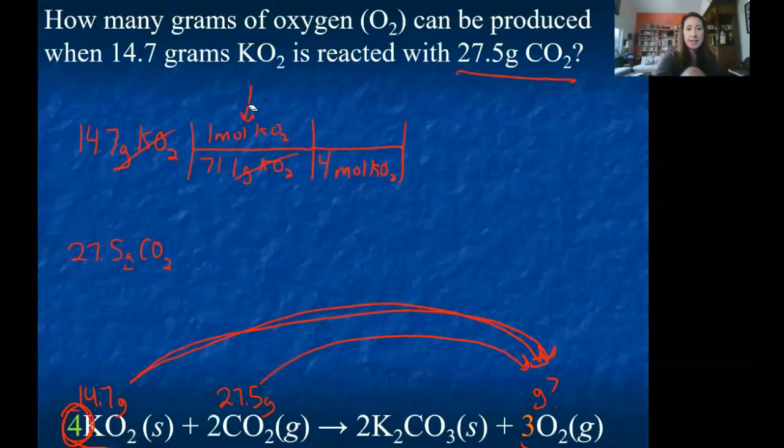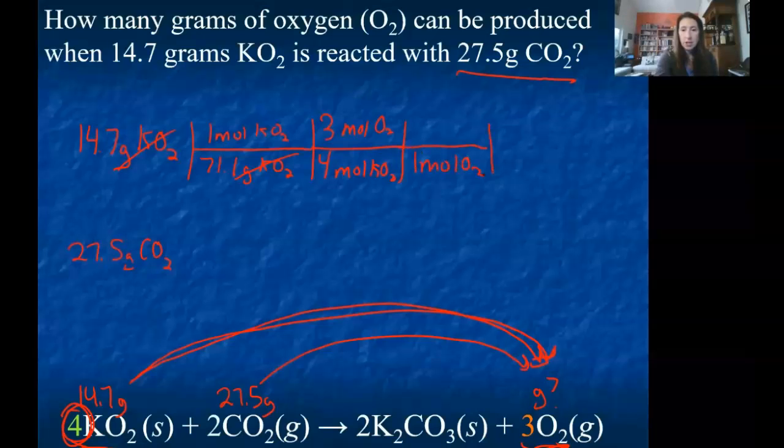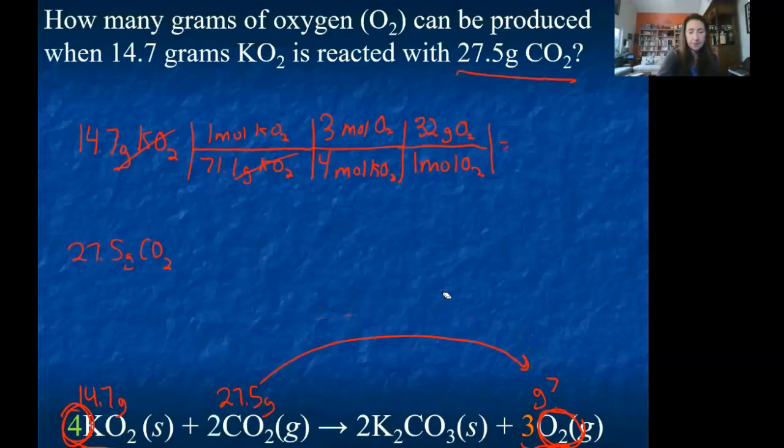I'm trying to get to grams of oxygen, so I'm going to go to moles of oxygen. This is by itself, so we need to remember in 1 mole of oxygen, it's 32 grams of oxygen because it's O2. And that gives us something.